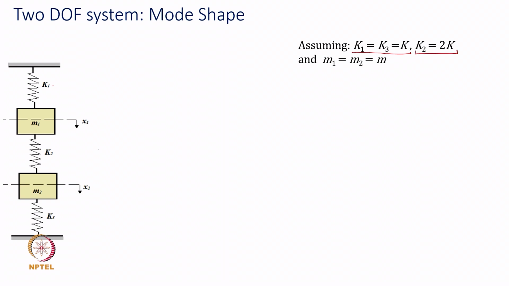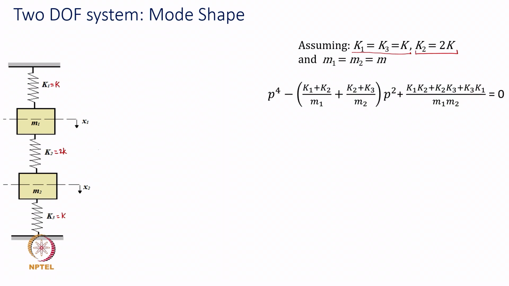This is just for the sake of mathematical simplicity in the evaluation process. And M1 and M2 are equal to M.